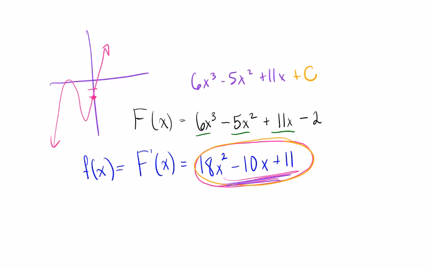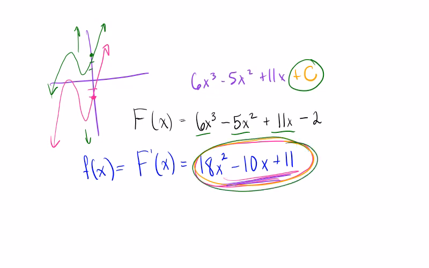That's not exactly what it is. I'm just making this up at this point. But if c was 3, then it would cross right here, and it would be the same shape. It would just cross at a different point. So this doesn't change the shape of the function. It just changes the location of a function. It just moves it up or down, basically. And so there's an infinite amount of functions that, if I derived them, I would get this.